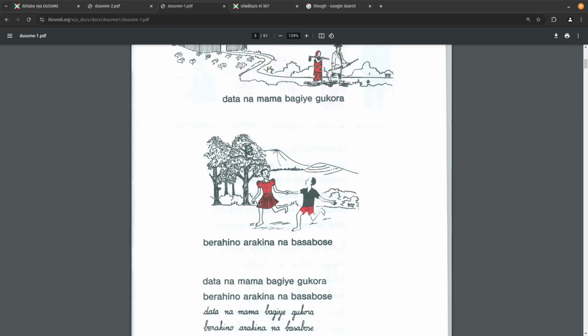Now, one thing that I didn't mention is, for example, the B, although in Ikirundi it's pronounced be in the alphabet, when you actually are saying it within a word, you don't say berahino, you say be.